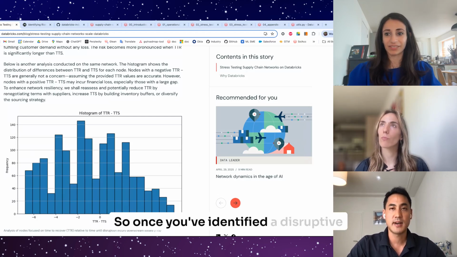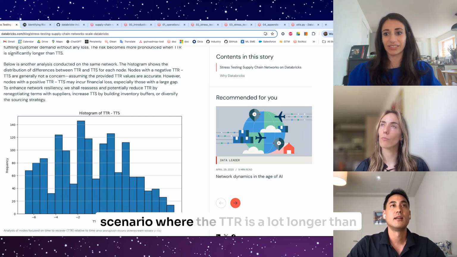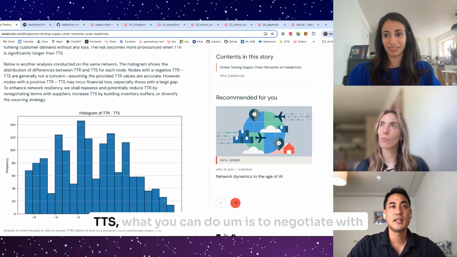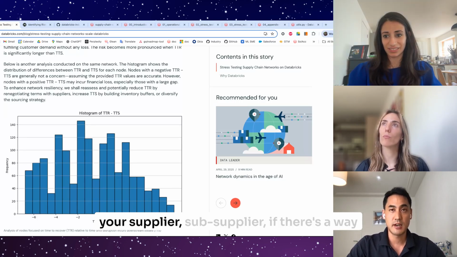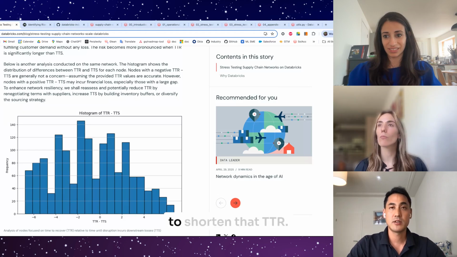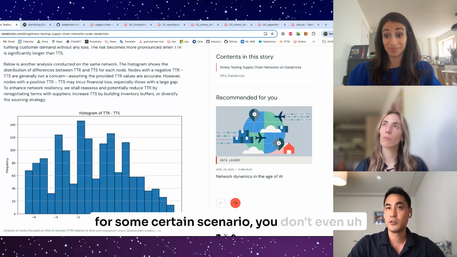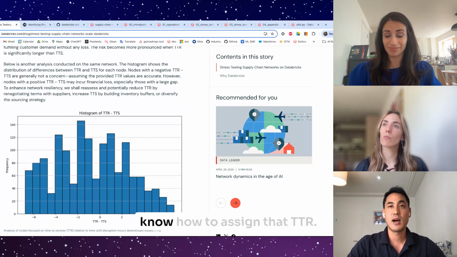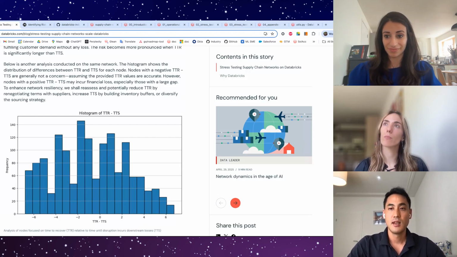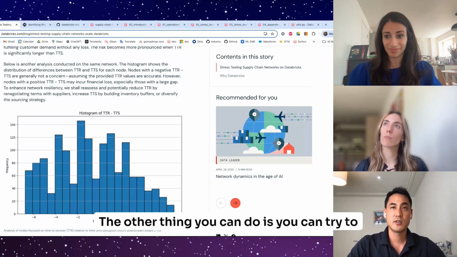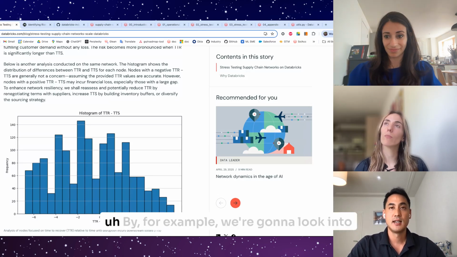So once you've identified a disruptive scenario where the TTR is a lot longer than TTS, what you can do is negotiate with your sub-supplier, if there's a way to shorten that TTR. Now, again, this is a difficult ask because for certain scenarios, you don't even know how to assign that TTR. The other thing you can do is you can try to elongate the TTS.